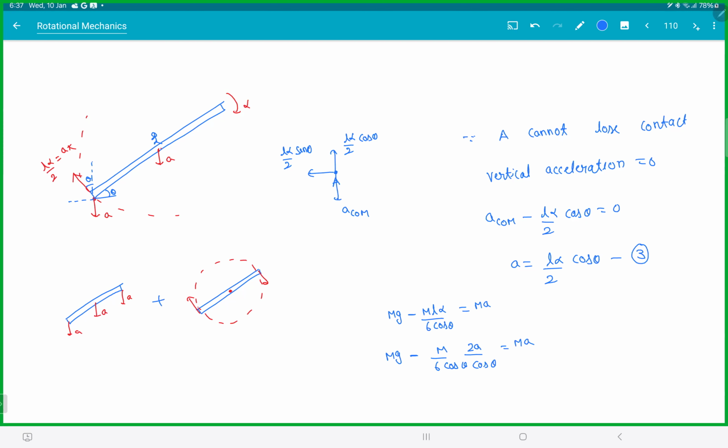M gets cancelled, end up with a is equal to g by (1 by 3 cos square theta plus 1), which is 3g cos square theta by 1 plus 3 cos square theta. Check. That's your acceleration of center of mass.